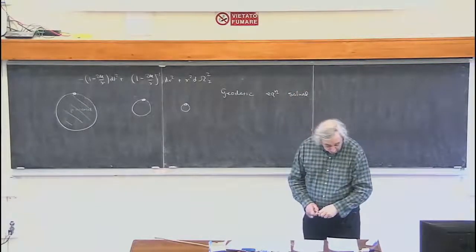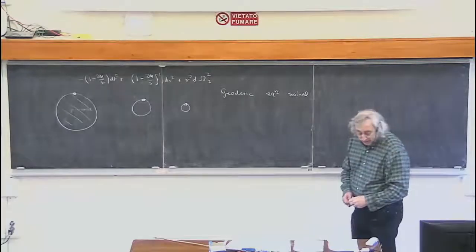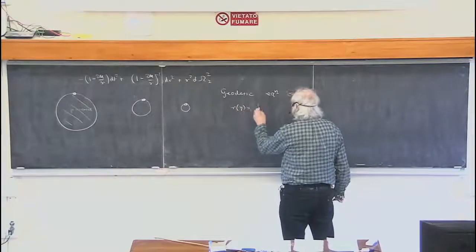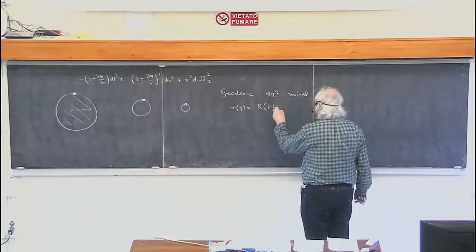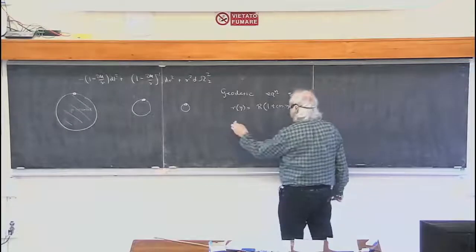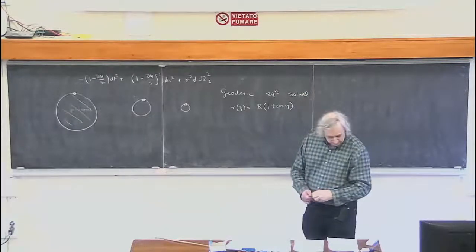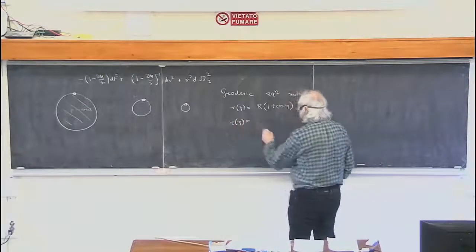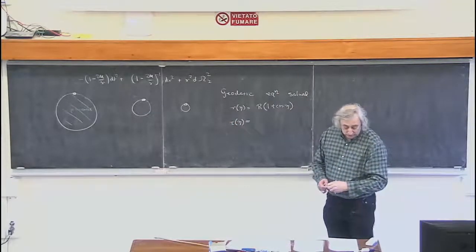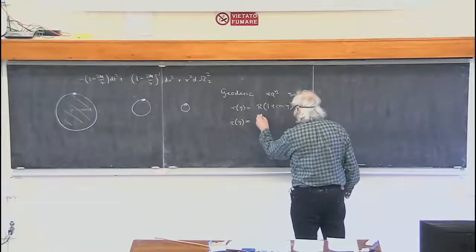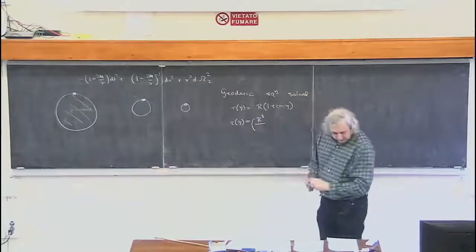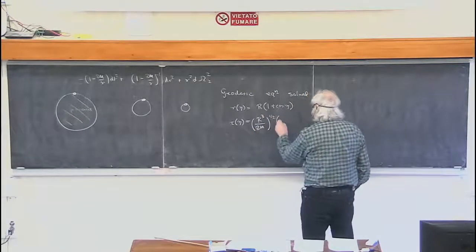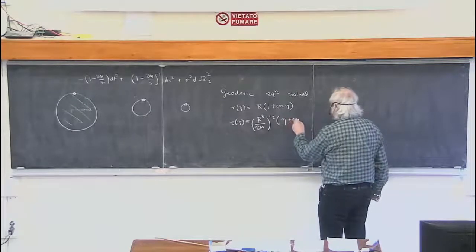In terms of where it is in space, r as a function of eta was equal to big R into 1 plus cos of eta, and the proper time as a function of eta for that particle was equal to R cubed over 8m to the 1/2 into eta plus sine eta.